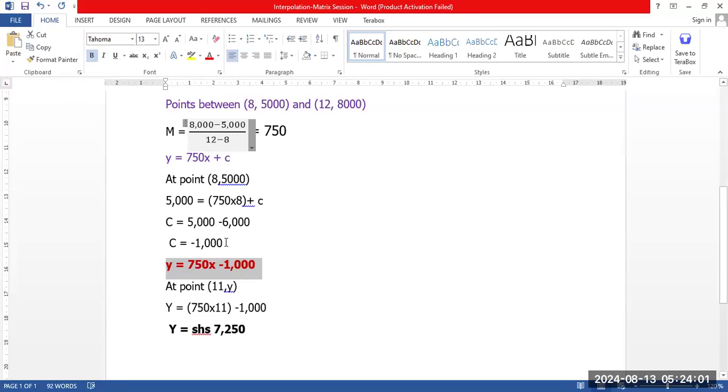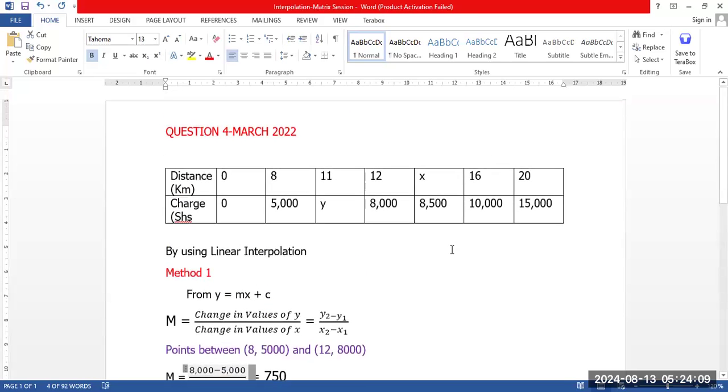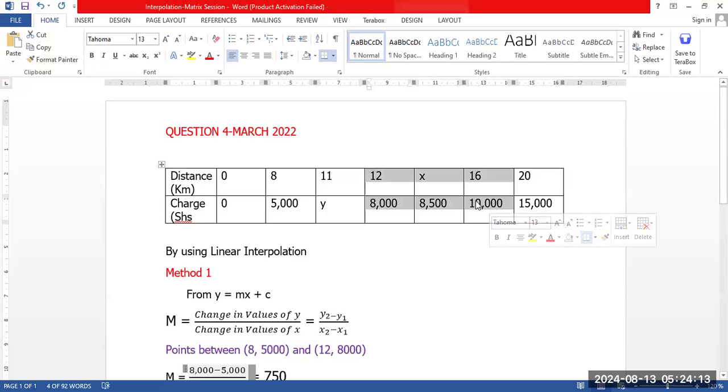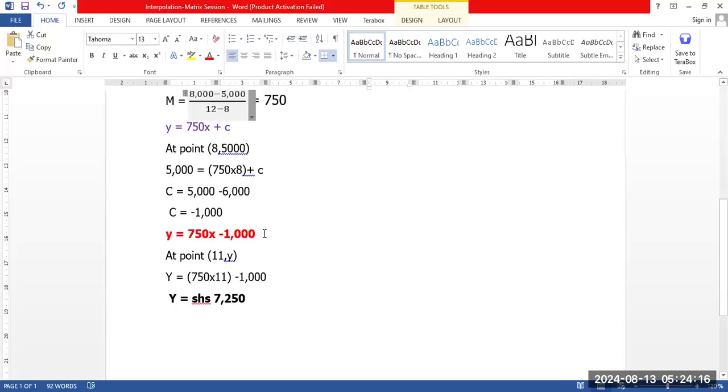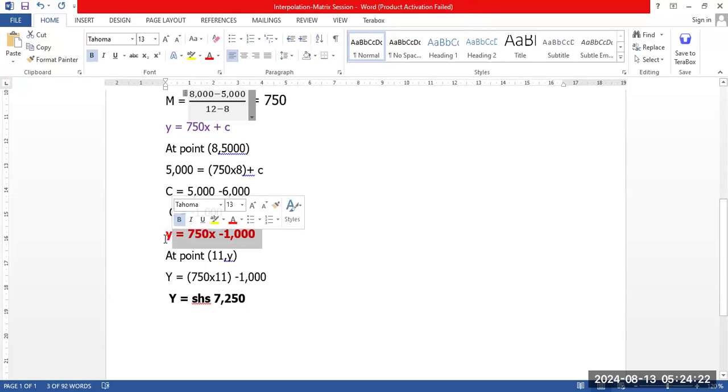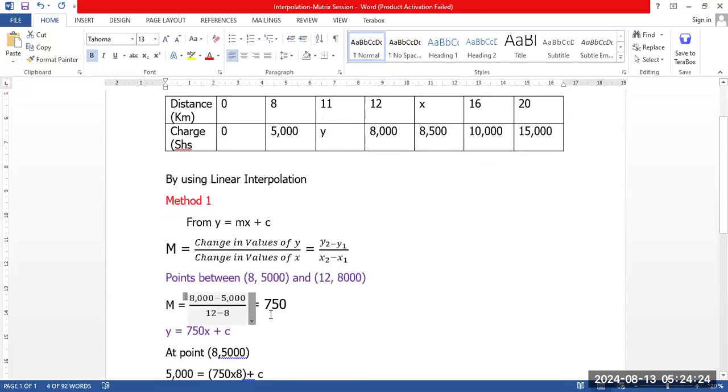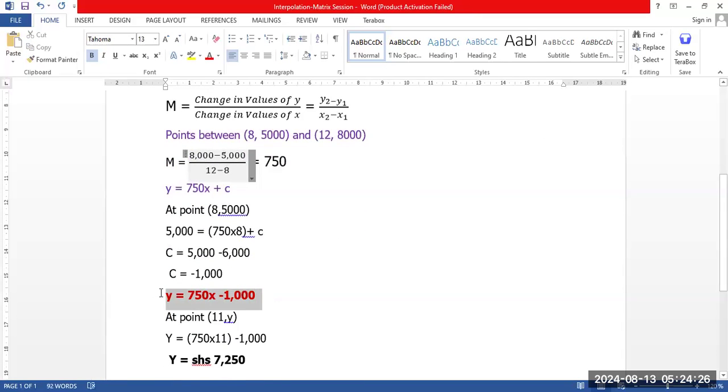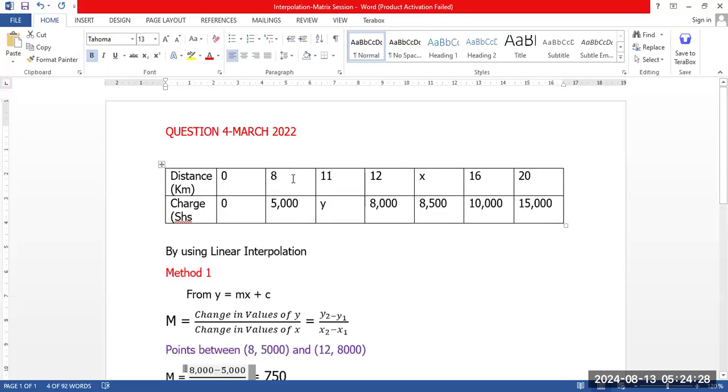So every time you have the linear relationship, you can actually determine any missing figure. Even if another person in your free time does that, gets the gradient, gets C, at the end of it all, you will see that you have the same linear relationship. And this linear relationship will help you to answer any missing figure here.